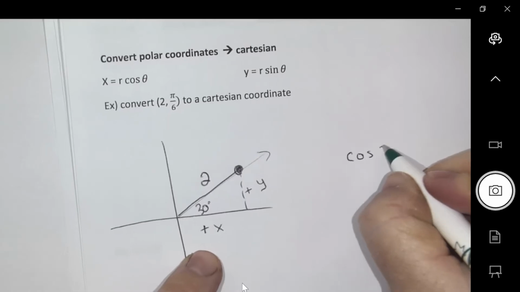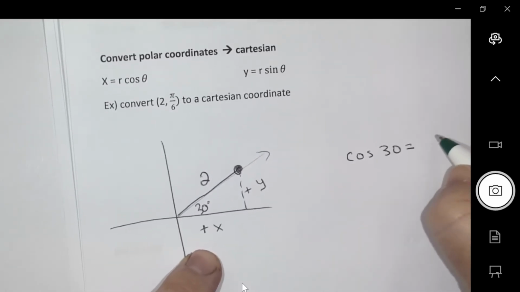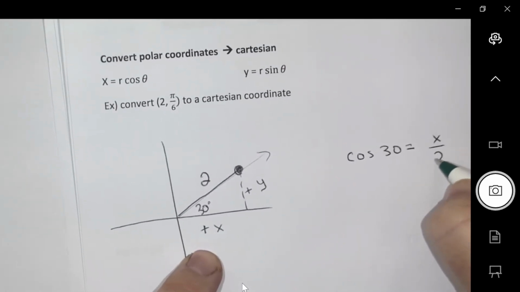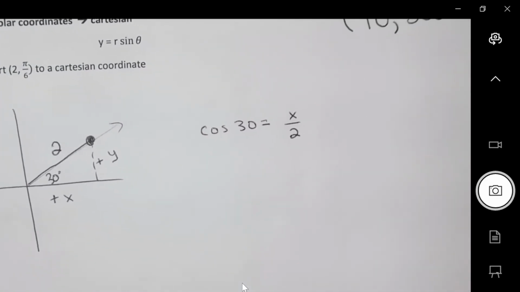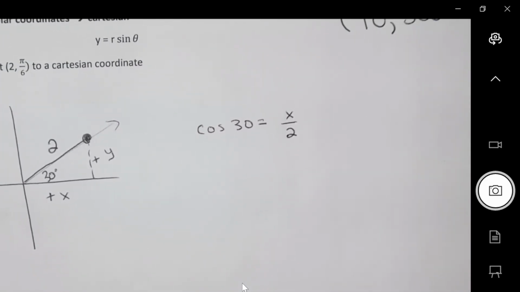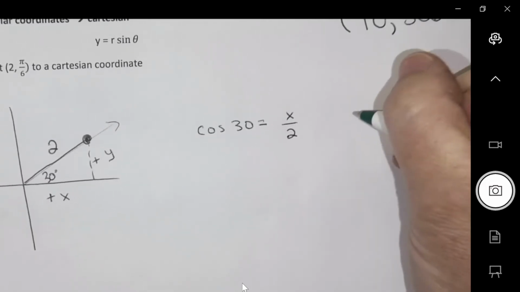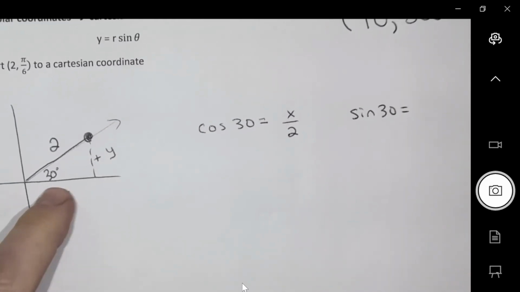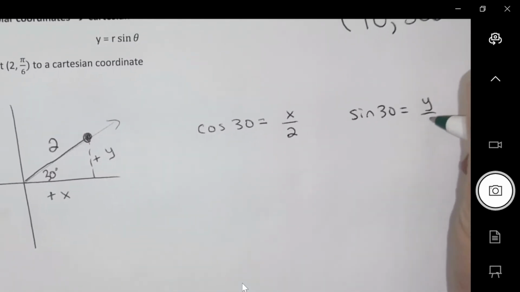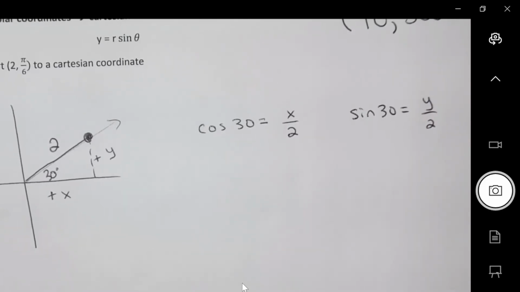The cos of 30 is the adjacent over hypotenuse. Sine of 30 is opposite over hypotenuse. Okay, does that make sense where they're set up?